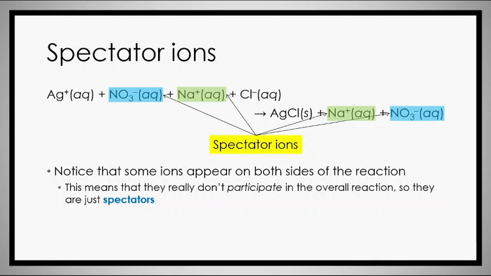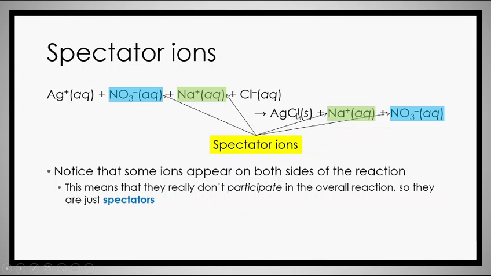And so in this situation, the only reason why nitrate showed up to the beaker is because it was part of this silver nitrate. The only reason why sodium was even invited into the beaker was because it was already attached to this chlorine. But as soon as you add silver nitrate into the same beaker as sodium chloride, the chloride and this silver ion will join together and actually create silver chloride.